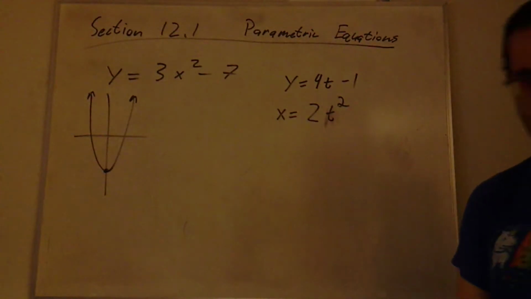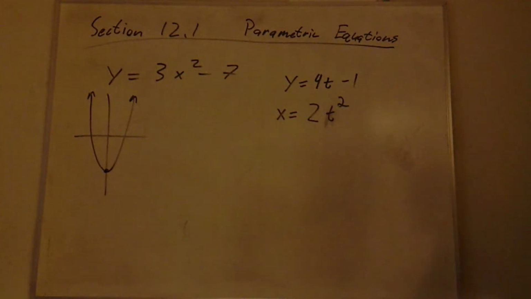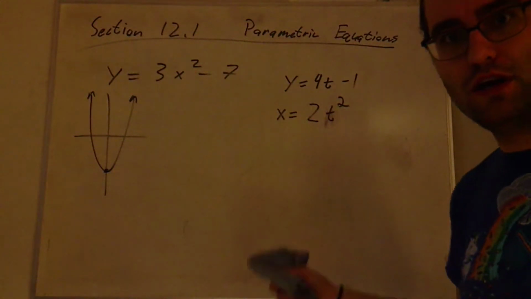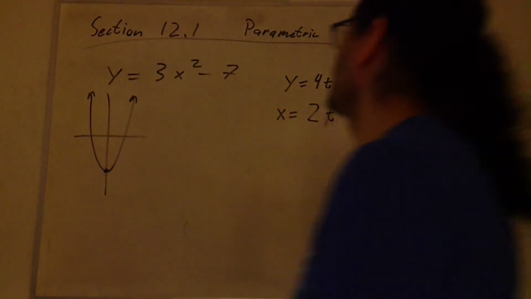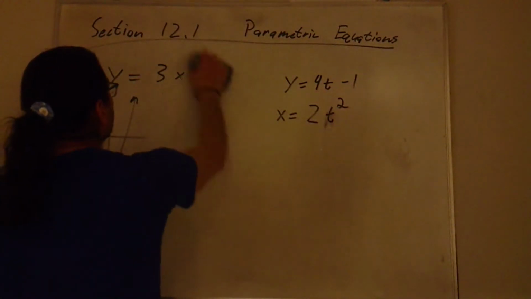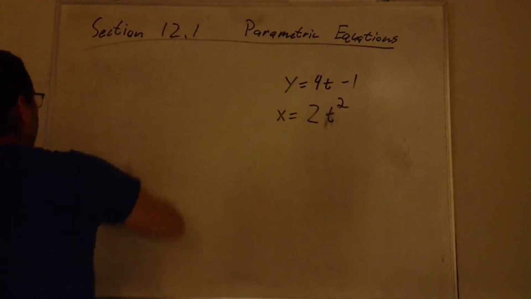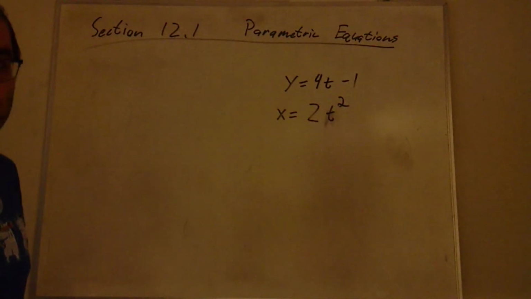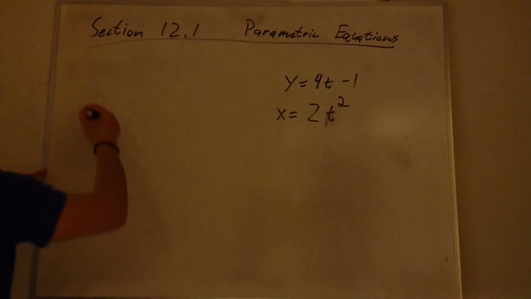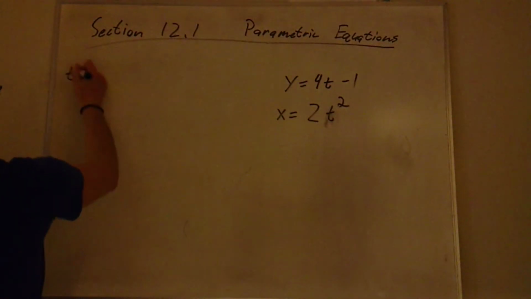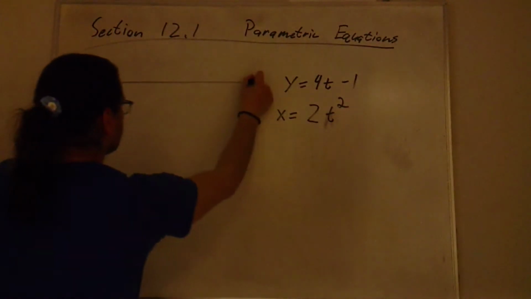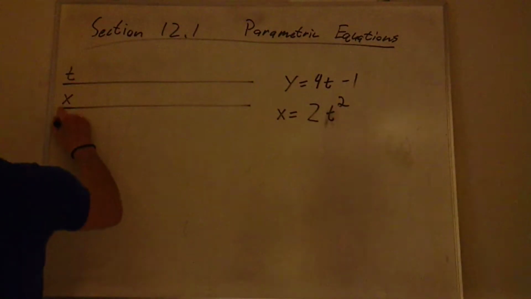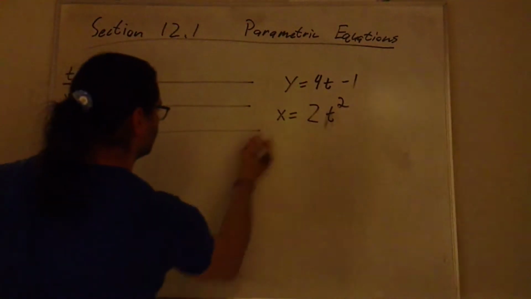And as always, you're going to approach the idea of graphing an unfamiliar function using a table of values. This table of values is going to probably look a little different from what you're used to though. Here's how I'm going to set it up. I'm going to have a row for t values, a row for x values, and a row for y values.